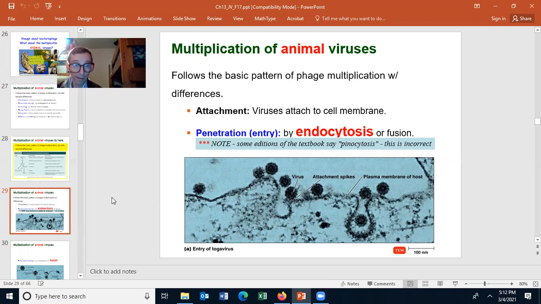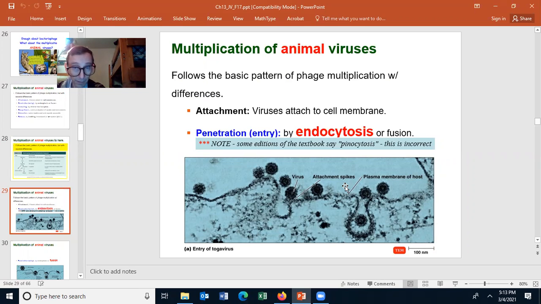There is no mechanism for the animal virus to puncture through the cell membrane. They get through the cell membrane by endocytosis or by fusion.